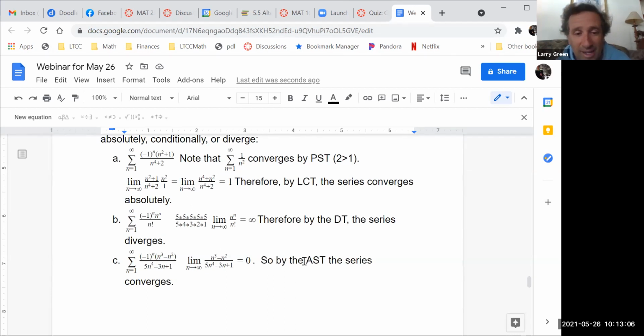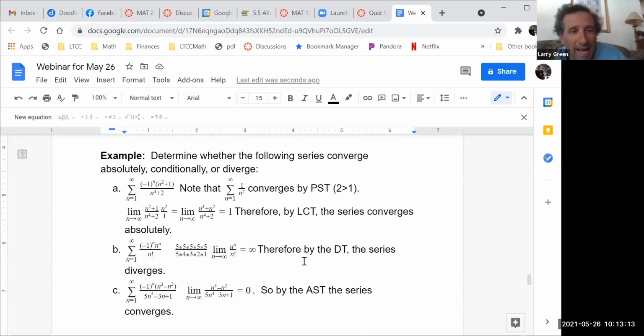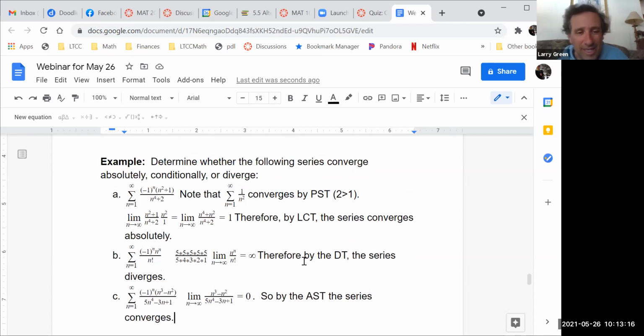Is it enough to say it converges? Are we finished? The answer is no. Because we're asked, does it converge conditionally or absolutely?